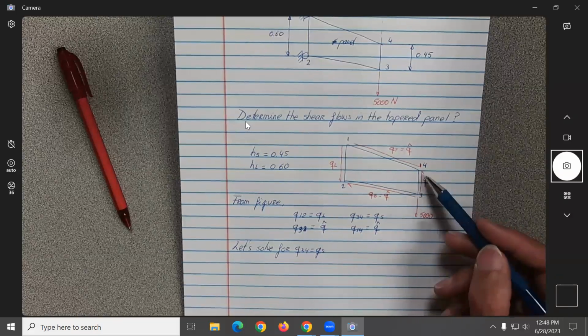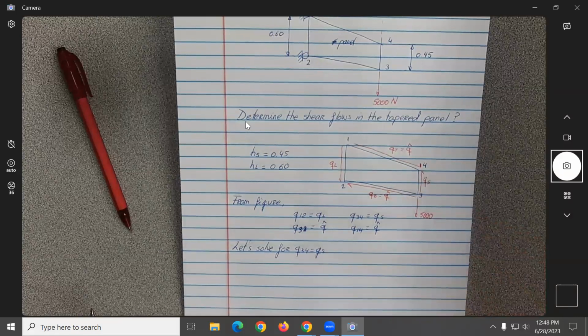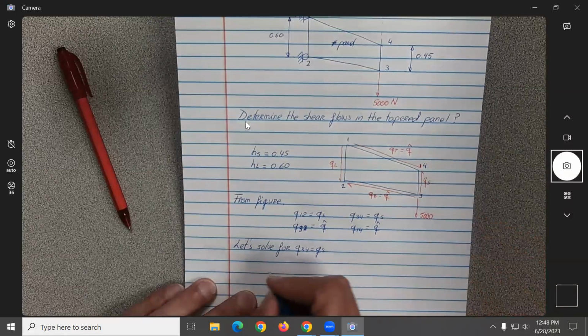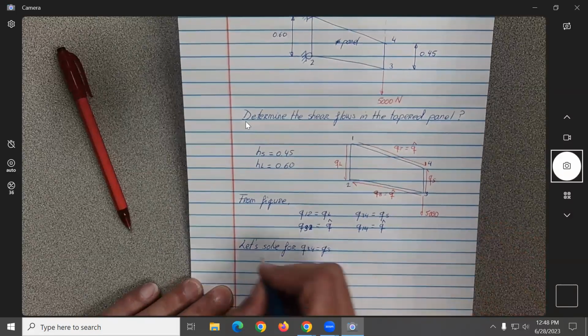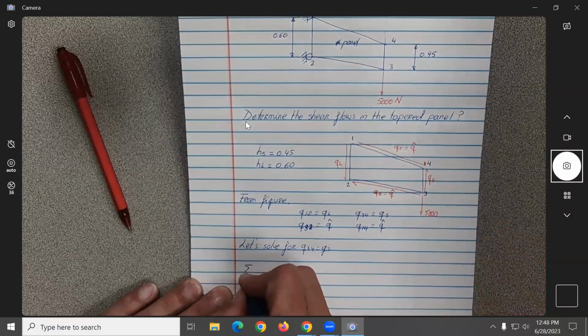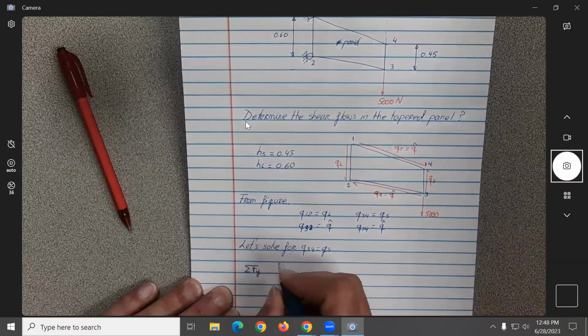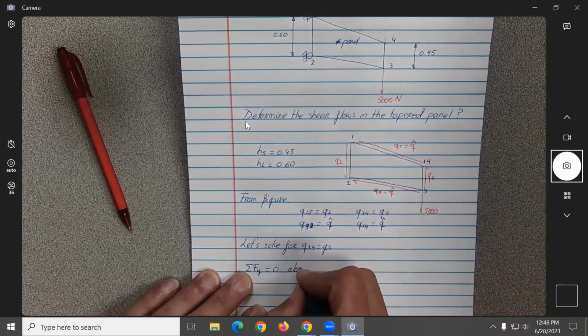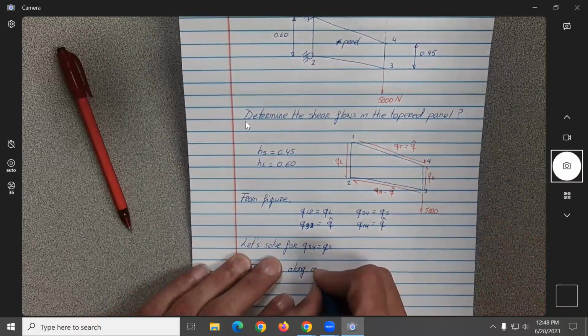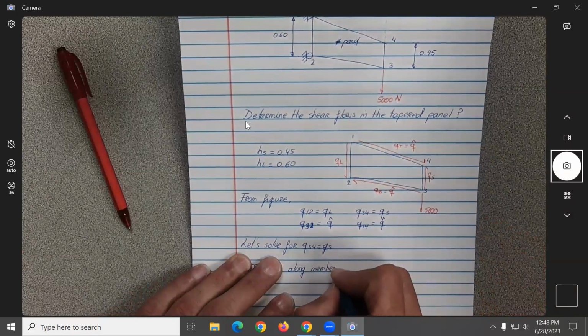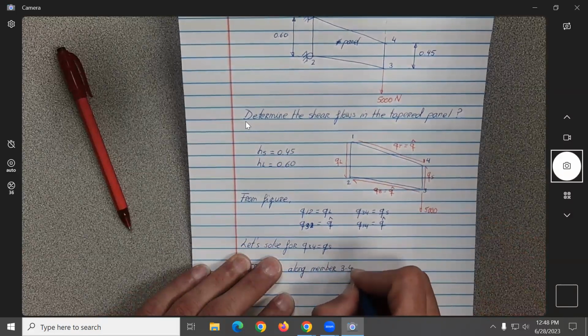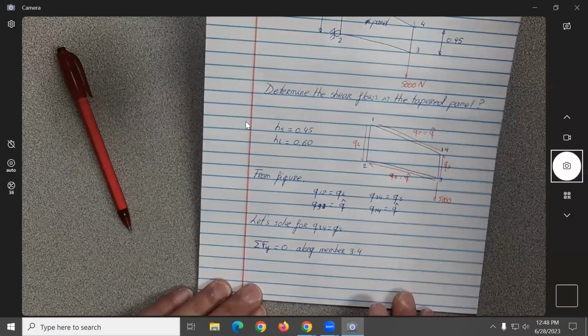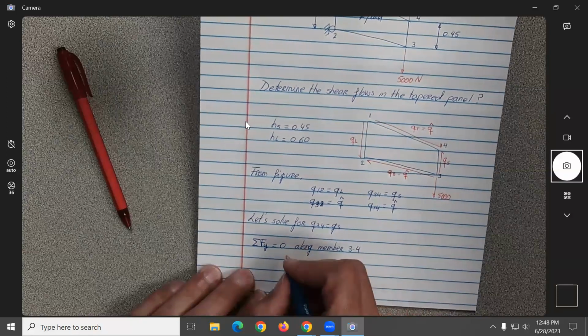And what is the height? Okay, so basically that's what we need to do, no? Mathematically we can say summation of y equal to 0 along member 3, 4 gives what?